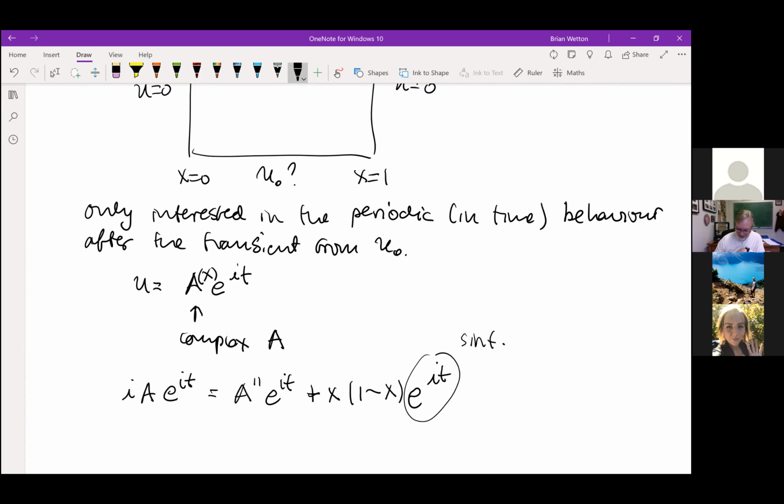But in fact, because we want the sine t forcing, I'm going to say we're going to work this out, and what we want is the imaginary component is u of x and t.